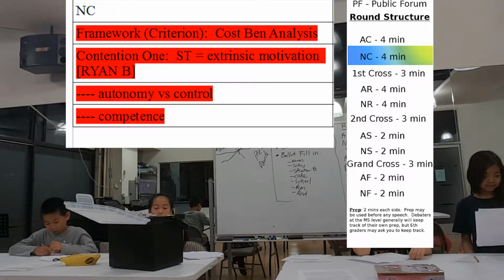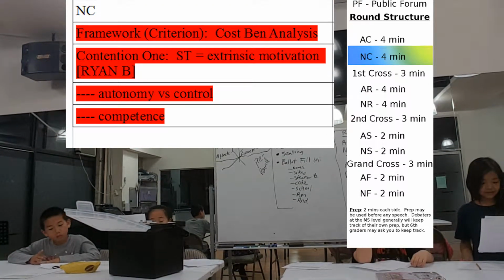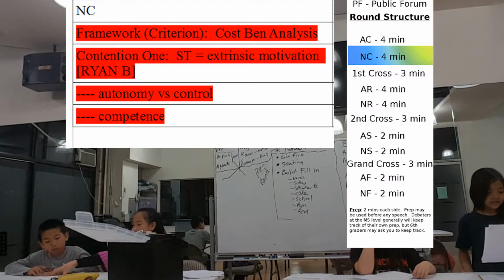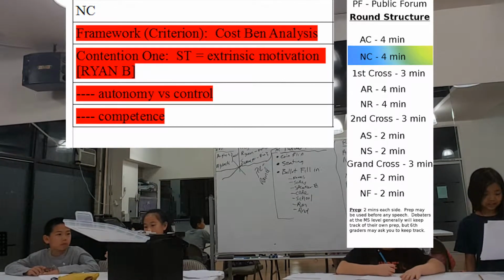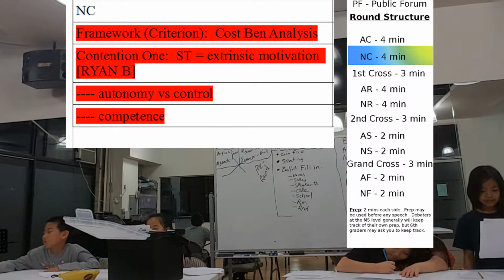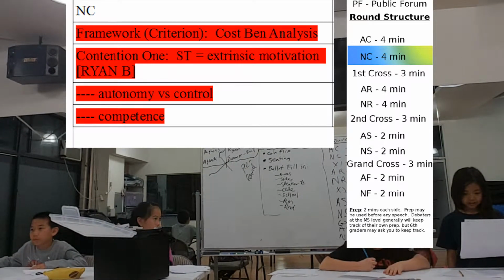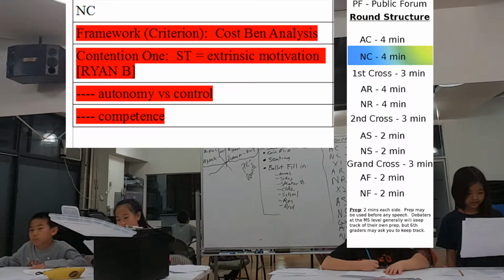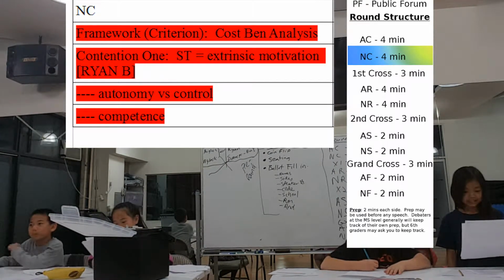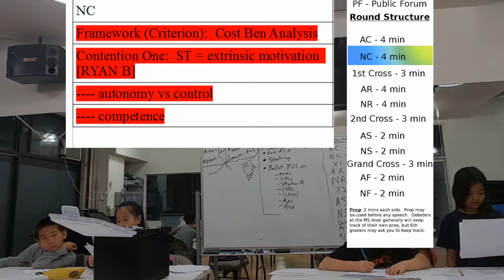Contention one, subpoint B. Standardized testing is a form of extrinsic motivation. In fact, most of the research on the effects of informational events on intrinsic motivation has focused on the issue of autonomy versus control rather than that of competence. Research on this issue has been considerably more controversial.